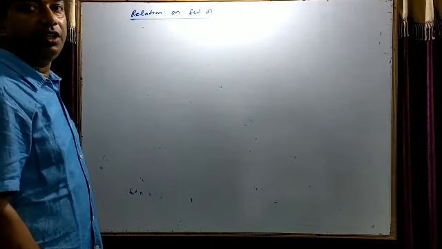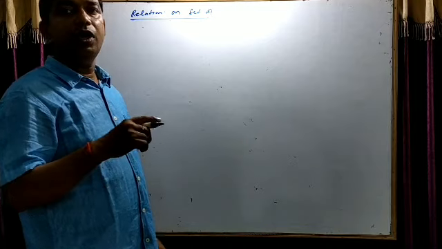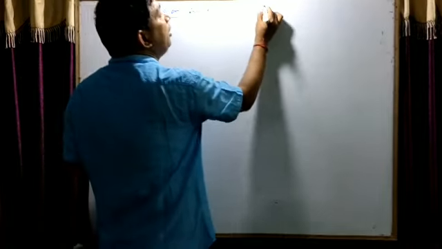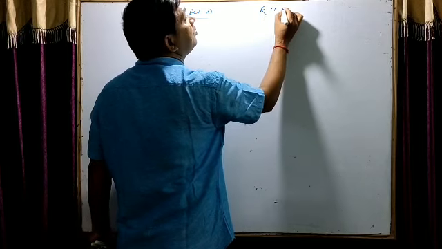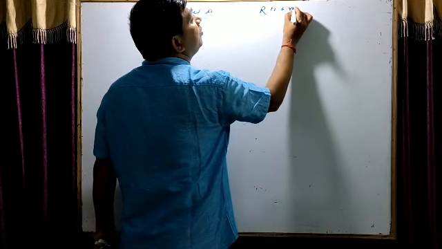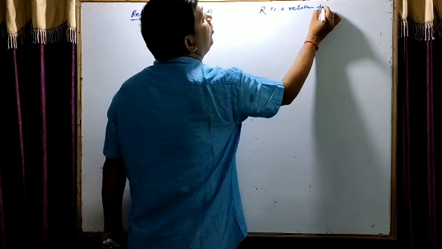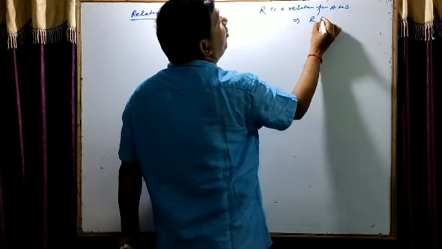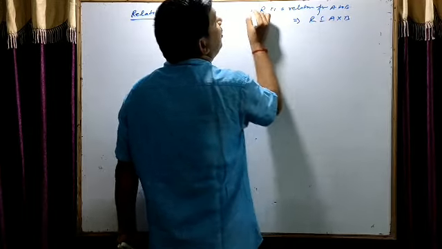Now on set A, this you have to learn. Relation on set A means from a set to itself. If R is a relation from A to B, this implies R is a subset of A cross B. This is number 1.